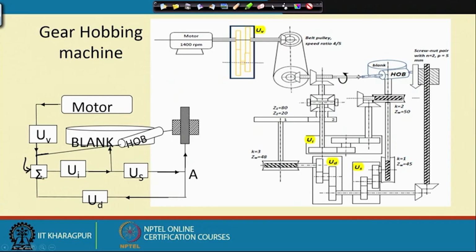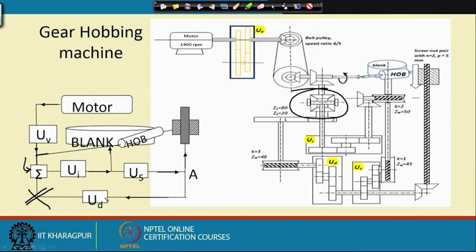So, what is this? Sigma. Sigma is this member, it is called a differential. The differential has the advantage that it can add up two inputs and produce one output. Now, why is it put here? It is put here with this idea: if you want to cut spur gears, simply have this input and it produces a fixed output. During that time, if you are cutting straight spur gear, do not connect this up.